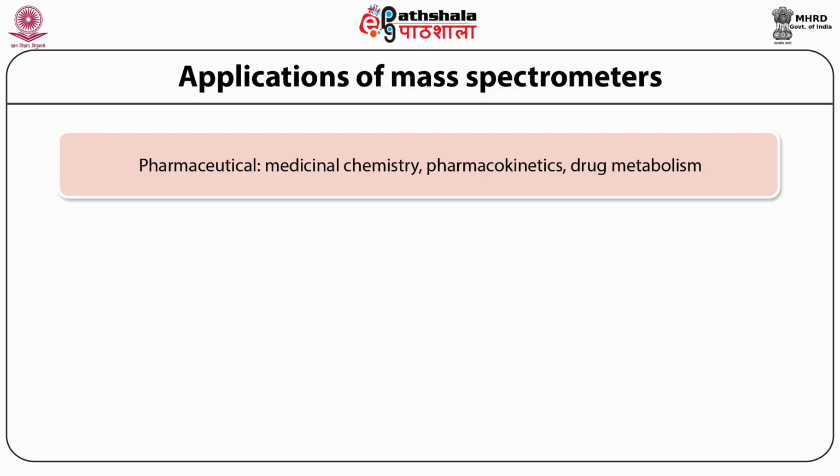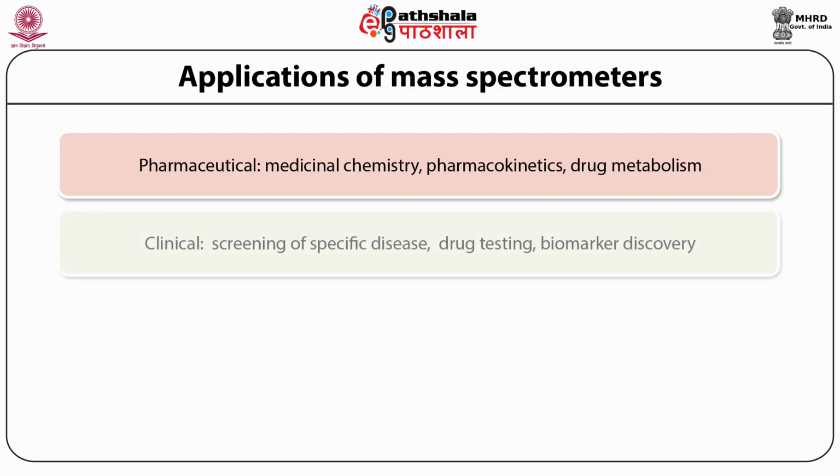and definitely it can be utilized for the pharmaceutical industry. Likewise, you will find mass spectrometry has a very big role in clinical diagnostic and prognostic services. For example, screening of specific disease markers or biomarkers can be done with the help of mass spectrometry, drug testing can be done, and several other things.